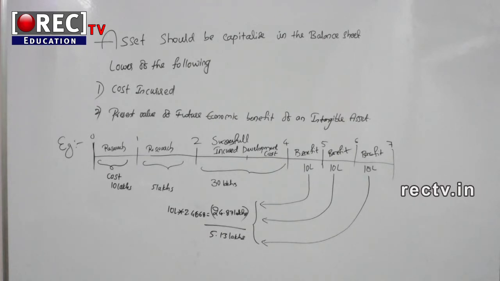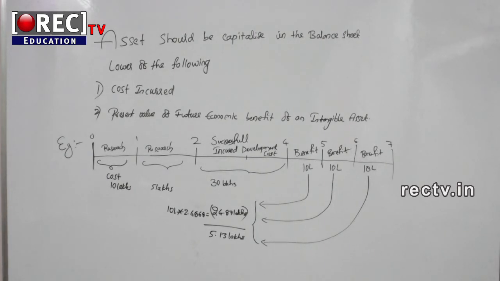While bringing this back to present value, we got the factor 2.4868. So 10 lakhs into 2.4868 is equal to 24 lakhs 87,000. And when we deduct this from 30 lakhs, we get 5 lakh 13,000.